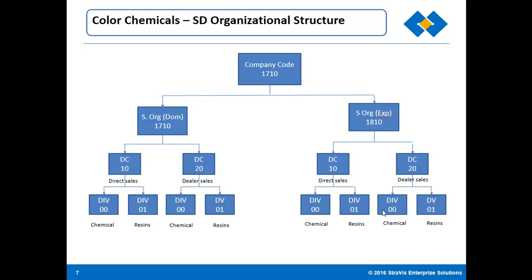Coming to the SD organizational structure for order to cash, we have company code 1710, a sales organization for plant 1710 and another sales organization for 1810. We have two distribution channels, direct sales and dealer sales, and two divisions for each distribution channel: one is chemicals, another is resins, aligned with the product groups.